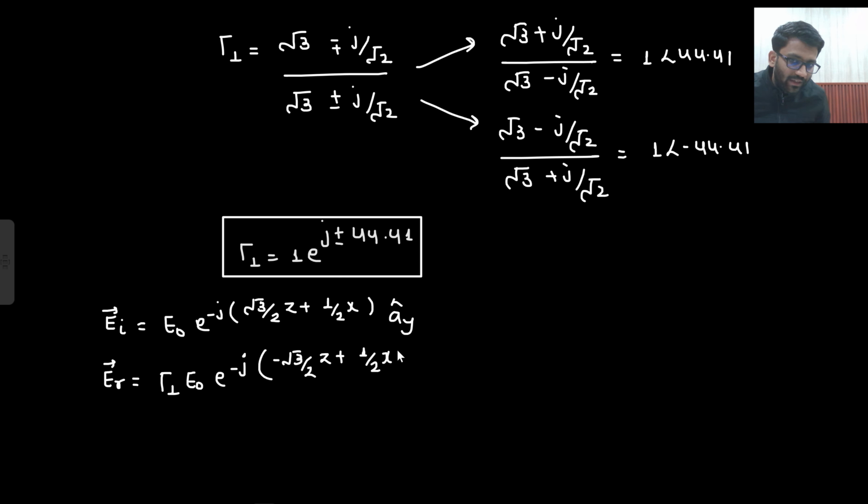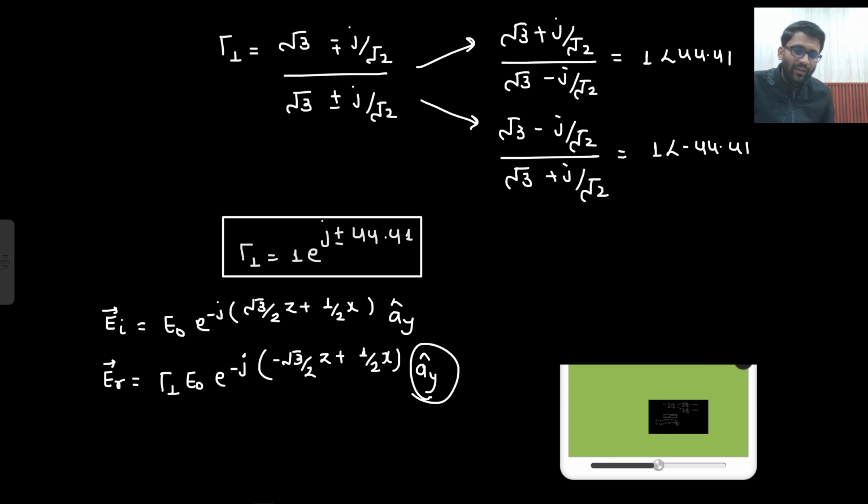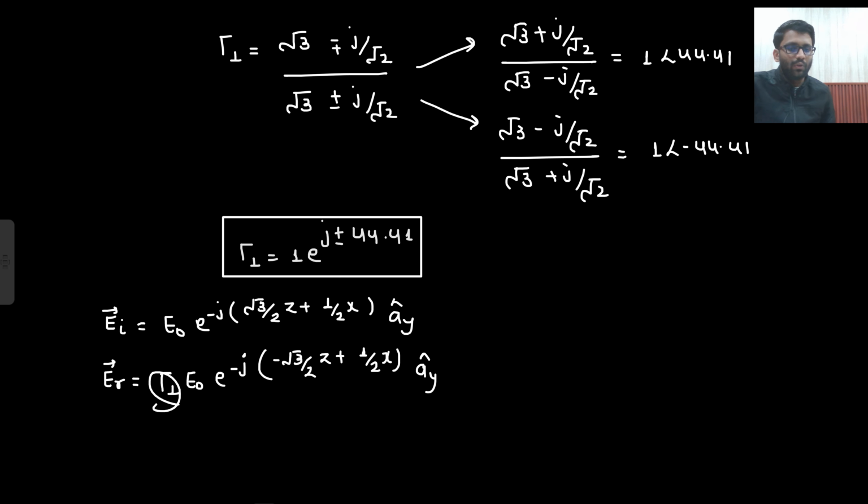All these things we have already studied. That's why I am being very fast here. Otherwise I have explained these points in a very detailed manner, right? The direction of the electric field will be taken care of by this reflection coefficient. We already know that if the reflection coefficient is positive, the direction of the electric field did not change, but if it is negative, the direction of the electric field is changed. But here it is complex, so we cannot conclude anything as of now.